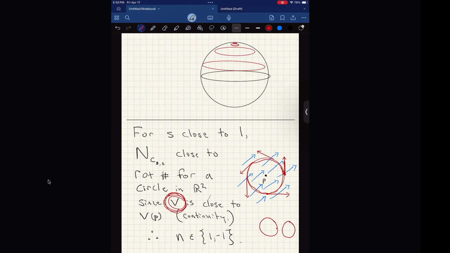Maybe it's wiggling ever so slightly and it's going like that, but you're going to rotate around 2 pi or minus 2 pi. That's it. And so this shows that your rotation number is either +1 or -1, and that's the contradiction.